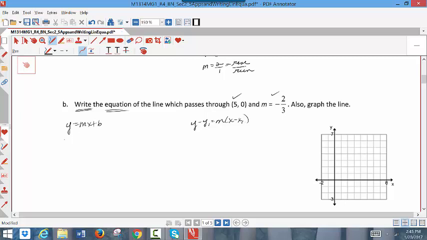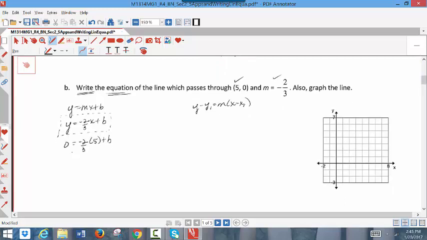Alright, that gave me a slope of negative 2/3, and that's the first thing I use as I put that slope value in. And at this point I note that I almost have the answer. I just need to find b. So now I go back and use the point (5, 0). I replace the y with 0 and the x with 5. So this becomes 0 equaling negative 10/3 plus b.